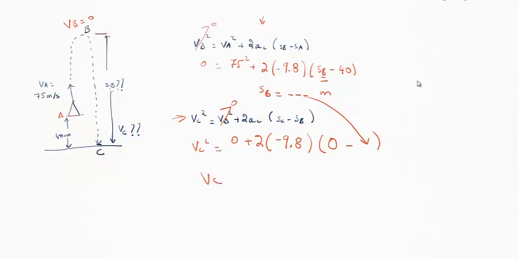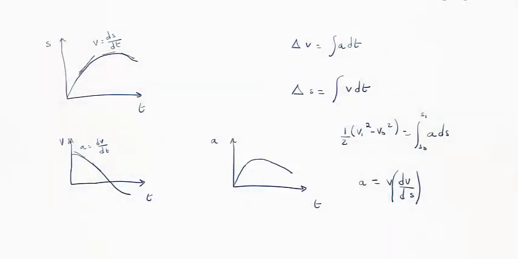Now we get the value of VC. So it's fairly simple. All the problems are going to be like this. You might have to do one extra step to get the value you want, but they should be fairly straightforward.